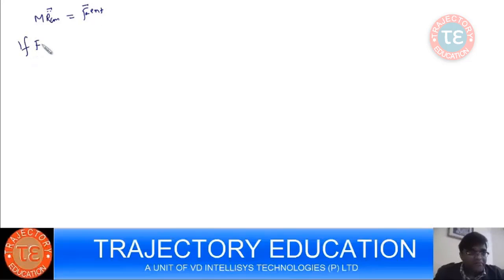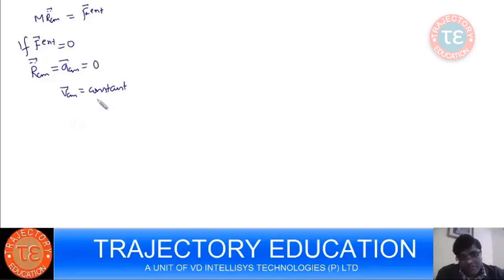Now let's do some analysis. Suppose Fext is 0. It means R_CM double dot, which is nothing but the acceleration of the center of mass, is 0. It means V_CM is constant. When A_CM is 0, V_CM is constant, meaning the velocity of the center of mass is constant.